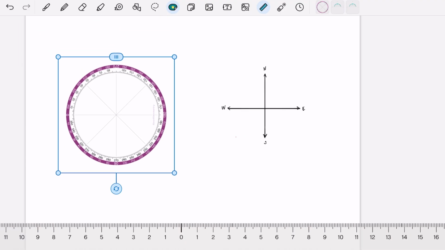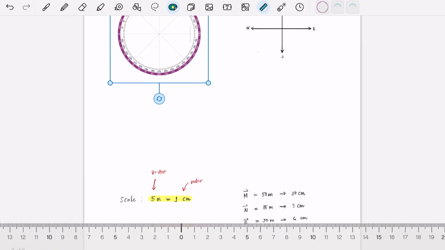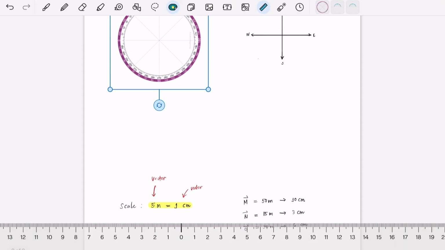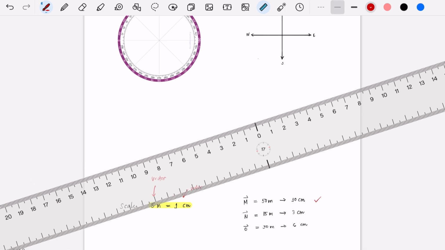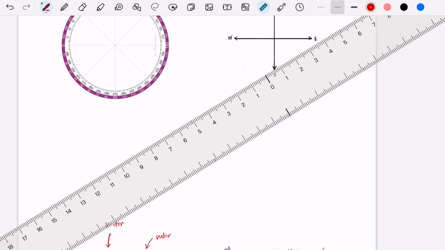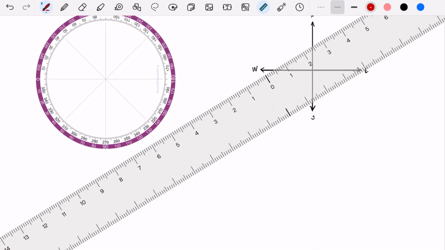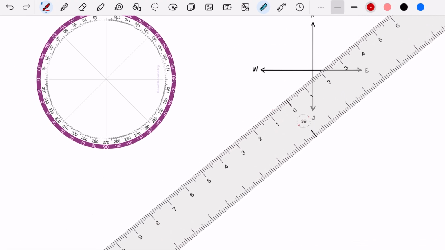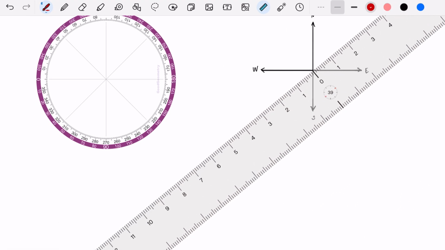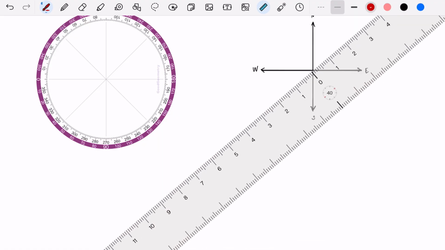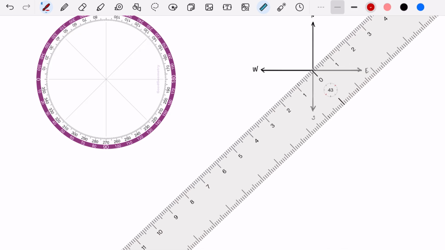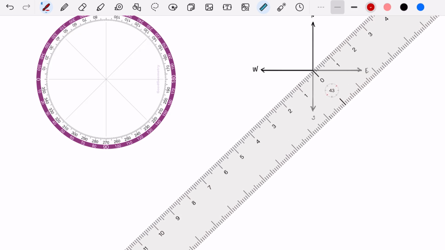So for the first vector, it's 50 meters, and according to my scale, I simply have to represent it by drawing 10 centimeters. So my ruler has to pass through the point that I identified earlier and at the origin of my XY plane, which denotes my direction. So like this. Okay, it's quite challenging to move this virtual ruler.